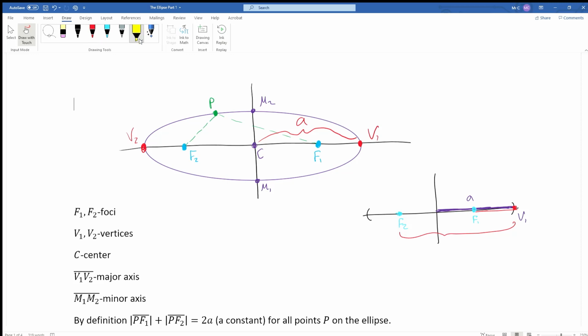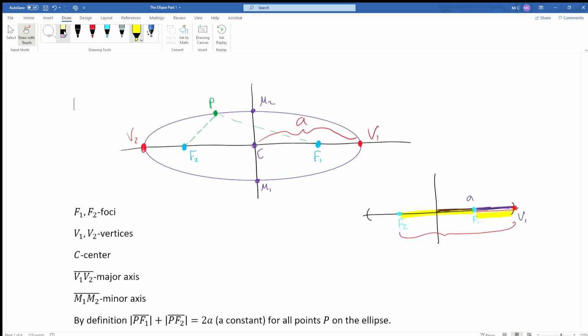So let's see if we can make this as clear as possible. The distance from focus 1 to the vertex is just this little red line that I've drawn. Now the distance from F2 to here covers this whole portion, and it covers this distance again.